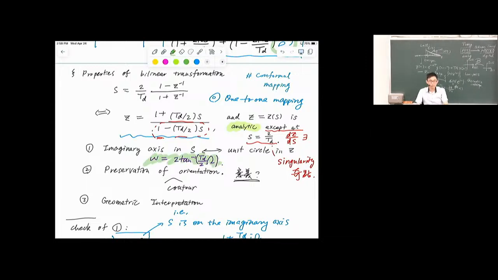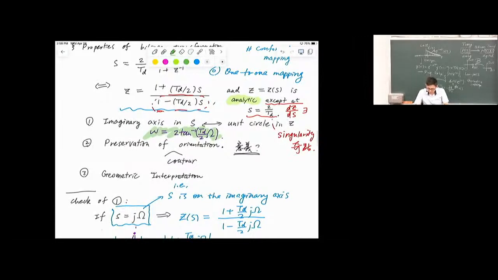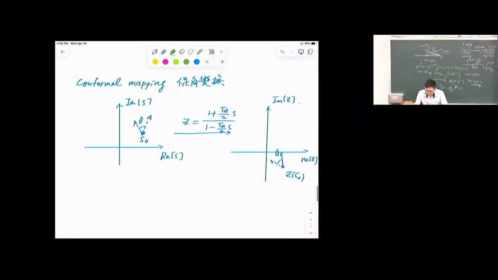Closed form. And secondly, I want to tell you, conformal mapping preserves contour orientation. What does that mean? That means when you go along a path, okay? Again, coming back to our writing pad right here. Preservation of contour orientation.